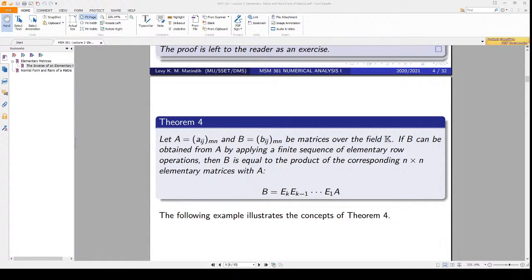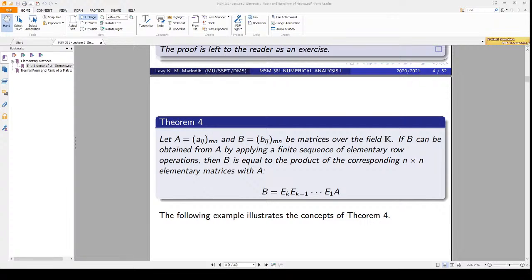What theorem number 4 is saying is that if we have two matrices A and B of order m by n, and B can be obtained from A by applying a finite sequence of elementary row operations, what you're going to get is another matrix, which we are calling matrix B. Then B is equal to the product of the corresponding m by m elementary matrices with A.